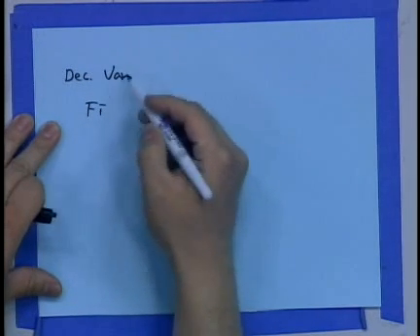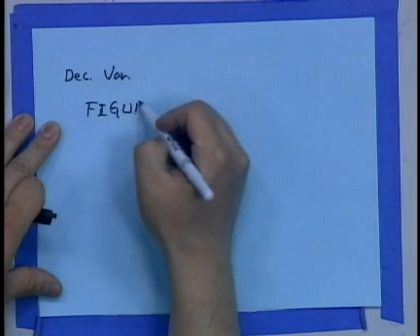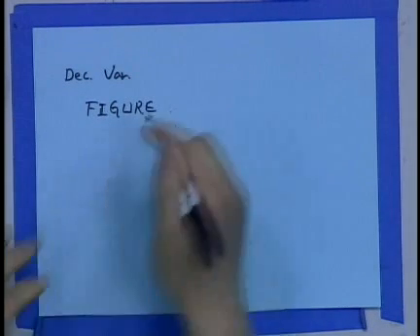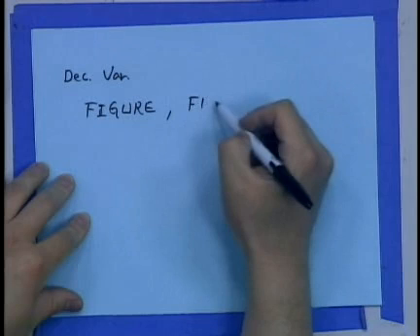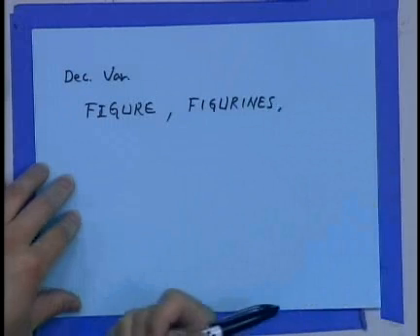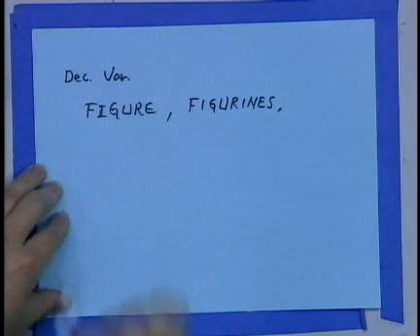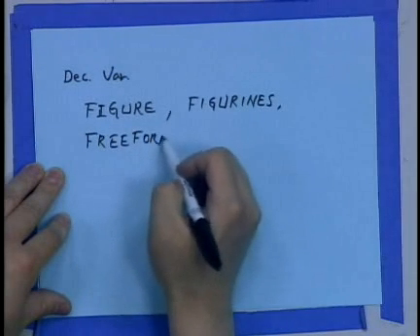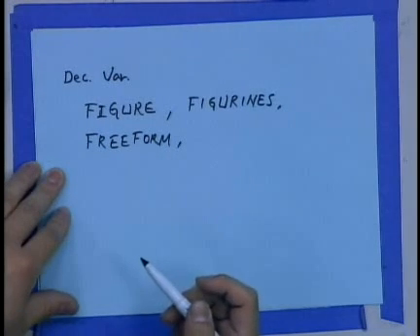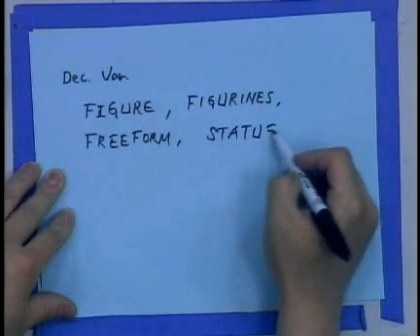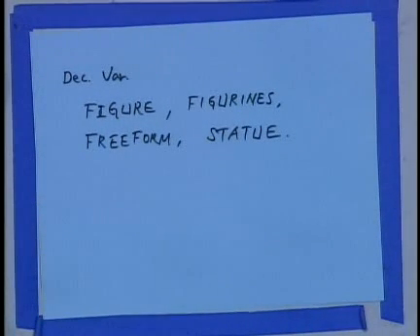Let's say figure is the number of figures to be produced each week, and figurines is the number of figurines to be produced, and freeforms is the number of freeforms to be produced. Likewise, statue represents the number of statues to be produced each week. Okay?